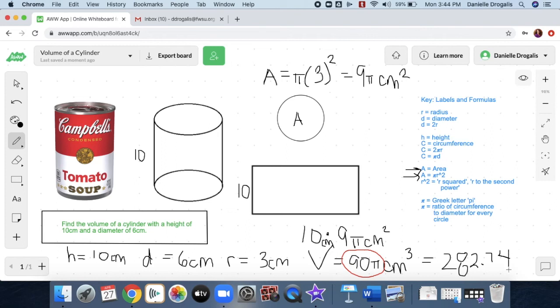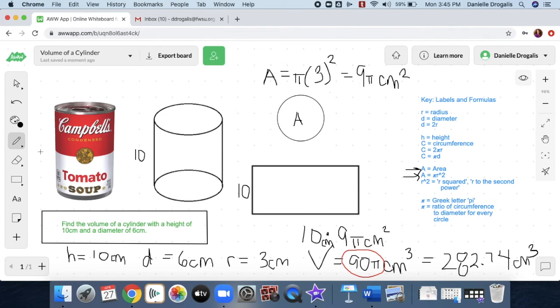Your teacher will tell you, or the problem directions will tell you how much to round. And so I'm just arbitrarily deciding to round to 2 digits past the decimal point. So we have about 282.74 centimeters cubed, and that is our final volume here.